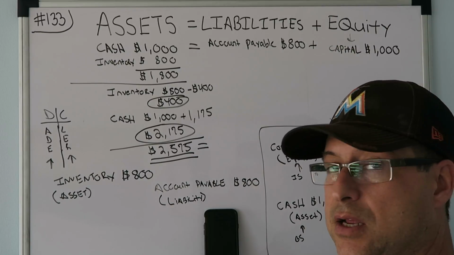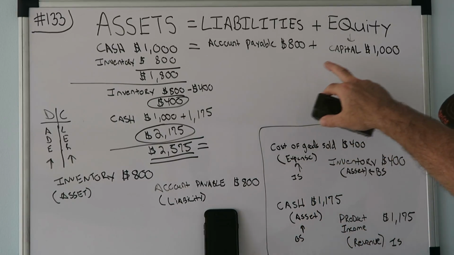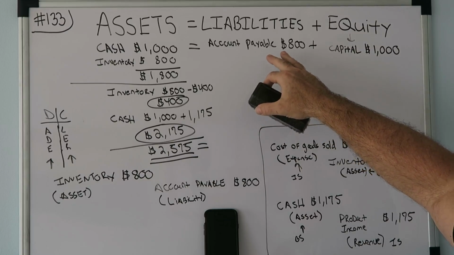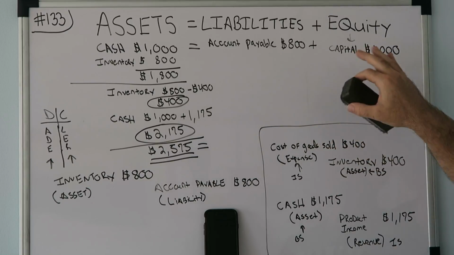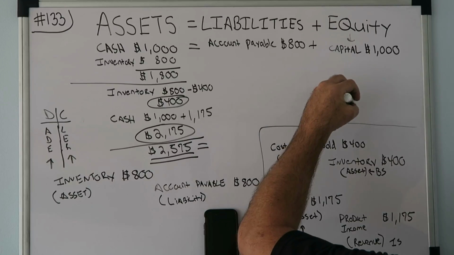So let's see if that works here for us. We have $1,800 here. We have $800 of liabilities, and we have our capital of $1,000. Now we have $1,175 of revenue.